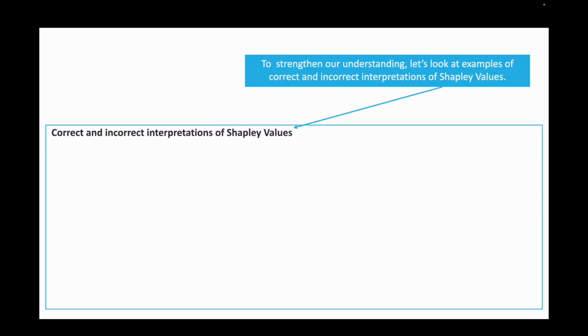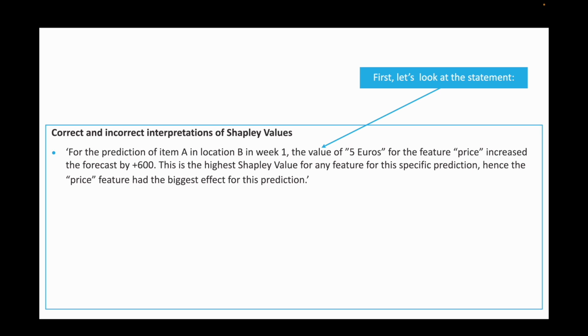To strengthen our understanding, let's look at examples of correct and incorrect interpretations of Shapley values. First, let's look at this statement. For the prediction of item A in location B in week 1, the value of €5 for the feature price increased the forecast by plus 600.